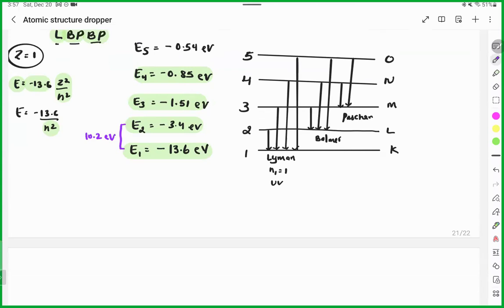Okay. It will be positive. Why? Final minus initial. Initial is more negative. That's why it will become positive. Yes, sir. Same here, 1.51 minus 3.4. It will be 1.89 electron volt. Same here, same here. You can calculate the difference.